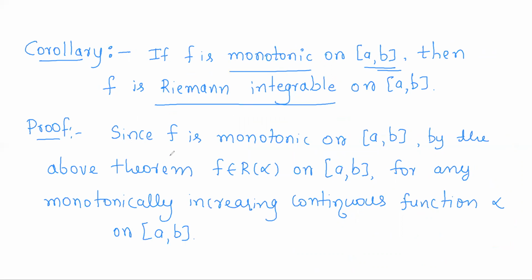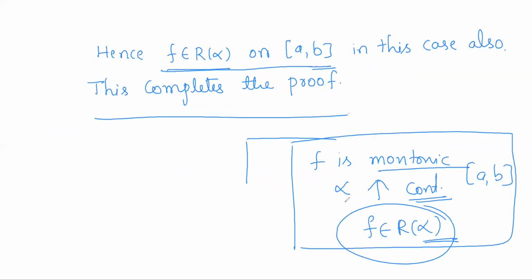Proof: since F is monotonic on the closed interval a comma b, by the above theorem, F will be Riemann-Stieltjes integrable for any monotonically increasing continuous function, right? The previous theorem says that if F is a monotonic function, and along with that you take any monotonically increasing continuous function, then the combination will be Riemann-Stieltjes integrable.